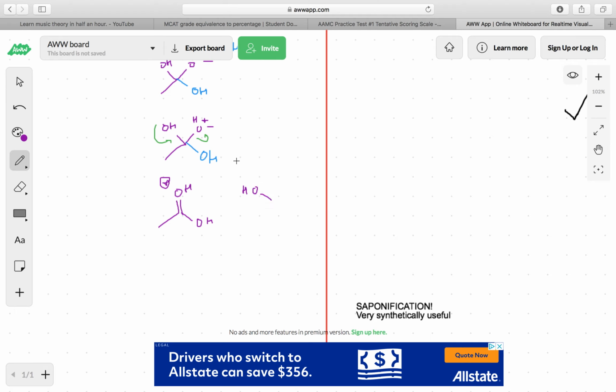So we're left with CH3OH. Methanol is our byproduct. But we're almost there. We need one last step, and that is just to deprotonate this. So we're probably going to have some water floating around in solution, and that water is going to take off this proton and kick this off. So we should be left with a carboxylic acid.